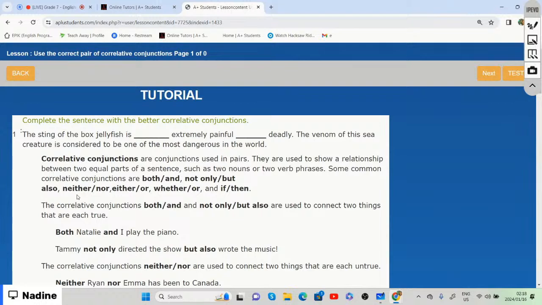Remember, correlative conjunctions are conjunctions that are used in pairs, and they are used to show a relationship between two equal parts of a sentence, such as two nouns or two verb phrases. Some of the common correlative conjunctions are both or and, not only but also, neither nor, either or, whether or, and if then.